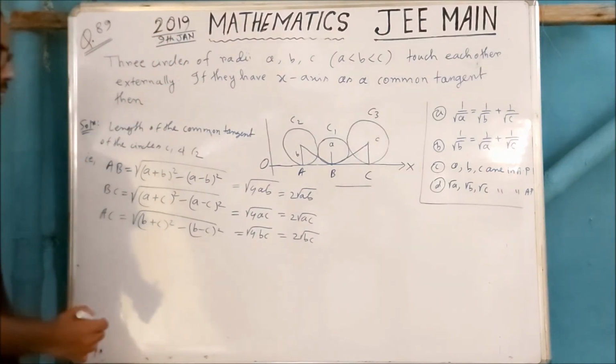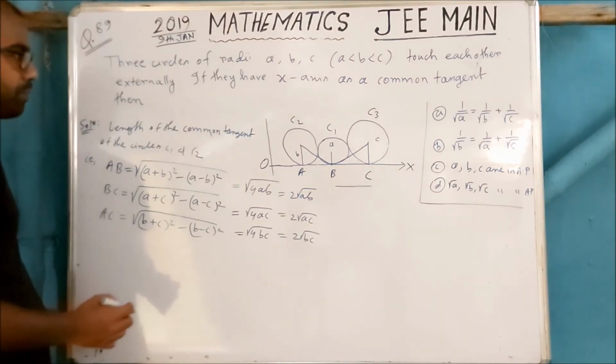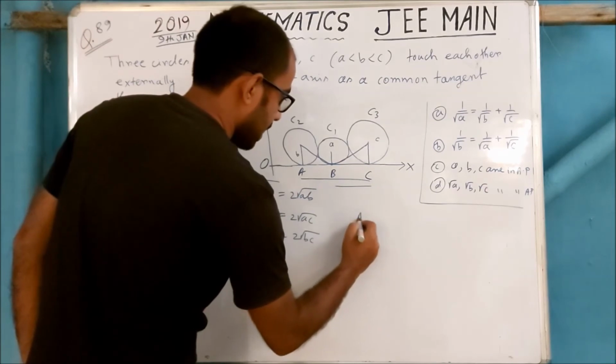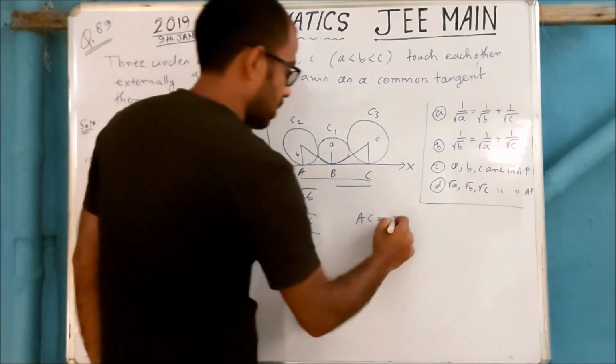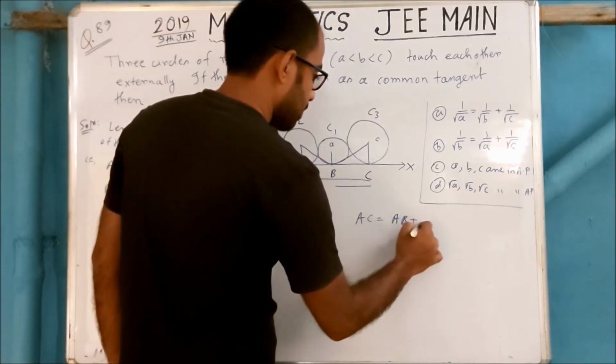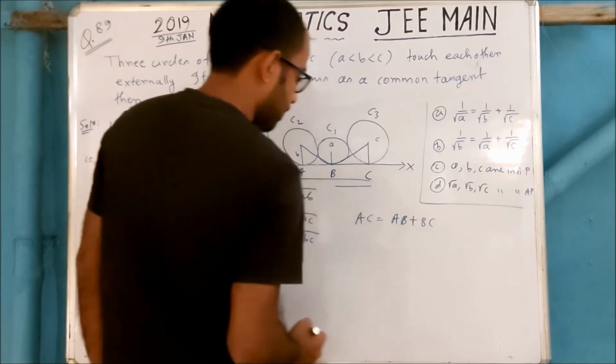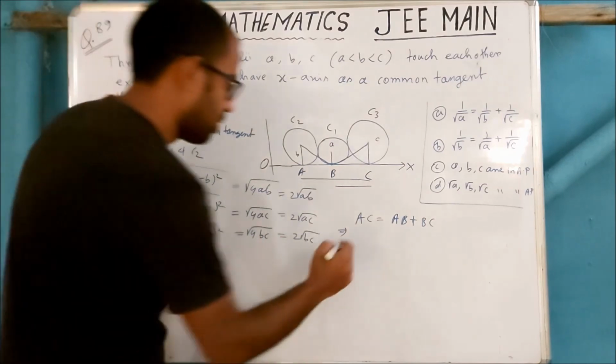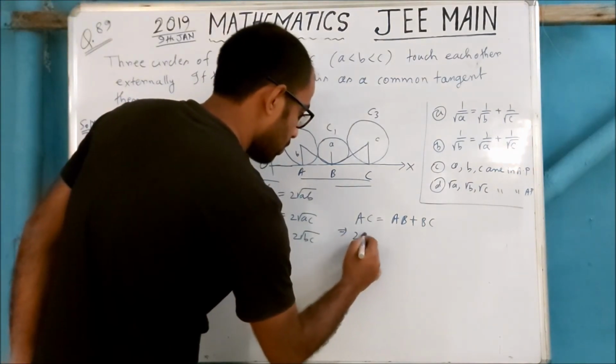Again we see from the figure that the line AC equals AB plus BC. So 2 root AC equals 2 root AB plus 2 root BC.